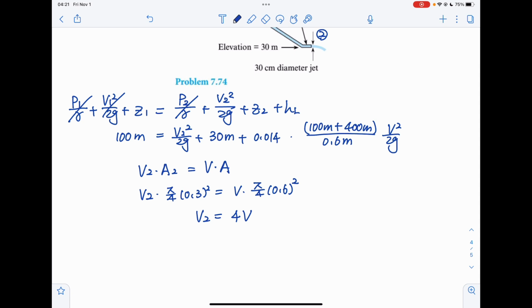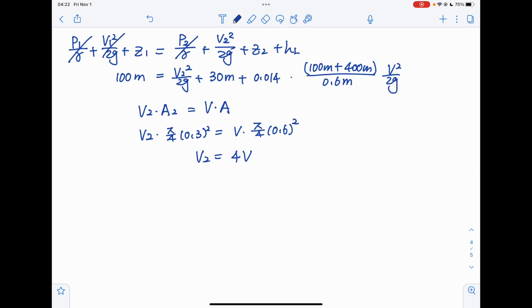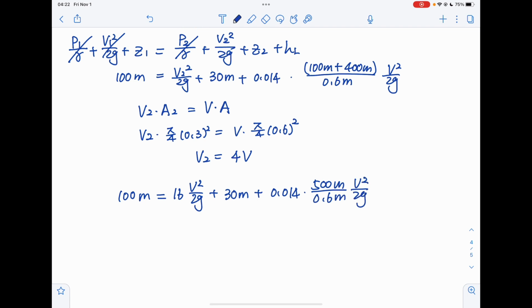Now we're gonna back substitute it into the energy equation. So 100 meters equals 16 V squared over 2g plus 30 meters plus 0.014 times 500 meters over 0.6 meters times V squared over 2g.